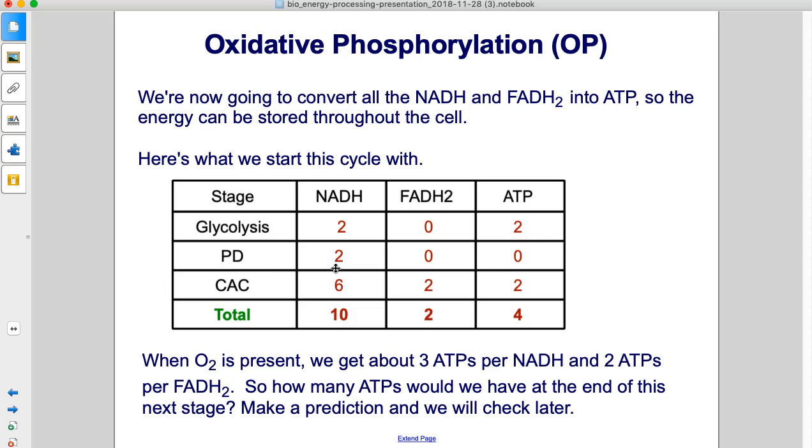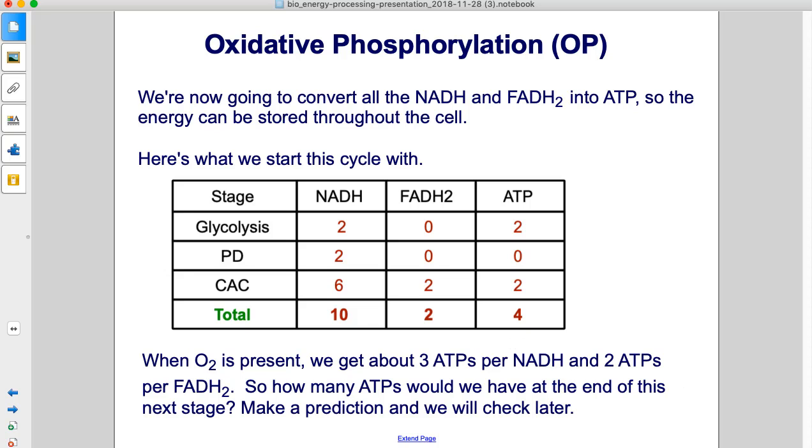PD produced 2 NADH, no FADH2, but also no ATP. And the CAC, that cycle, produced 6 NADH, 2 FADH2, and 2 ATP. So we're beginning this cycle with a total of 10 NADH, 2 FADH2, and 4 ATP.